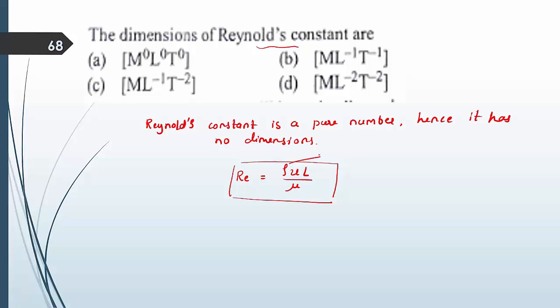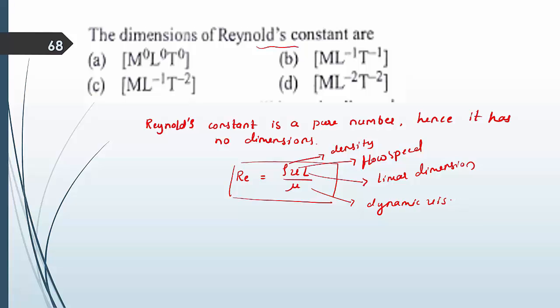So here rho indicates density of the fluid, U indicates the flow speed, and L indicates linear dimension, or you can take length, and mu indicates dynamic viscosity, because this number is related to mechanical properties of fluid.